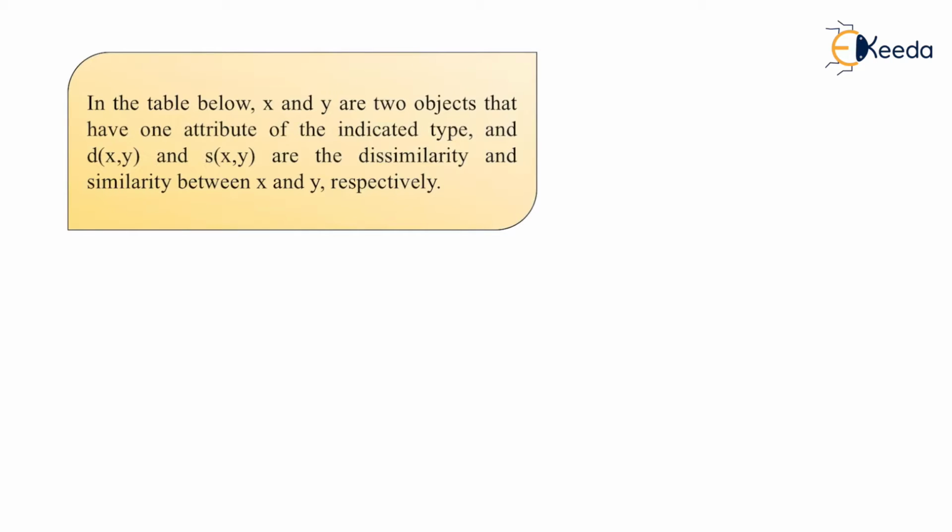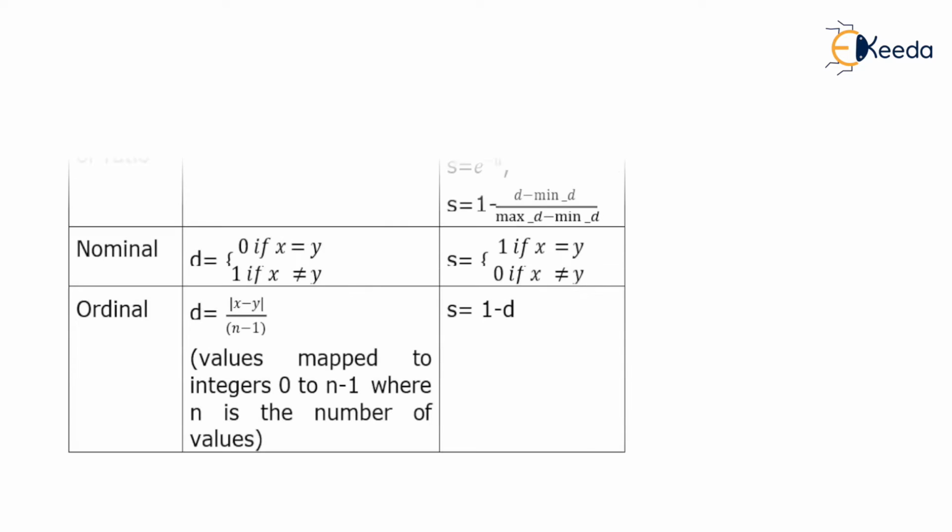In the below table, x and y are two objects that have one attribute of an indicated type, and d(x, y) and s(x, y) are the dissimilarity and similarity between x and y respectively. So now we'll see the table.